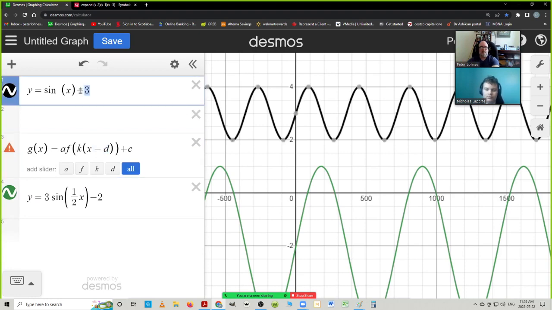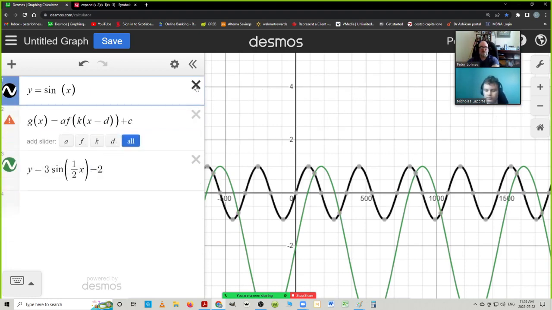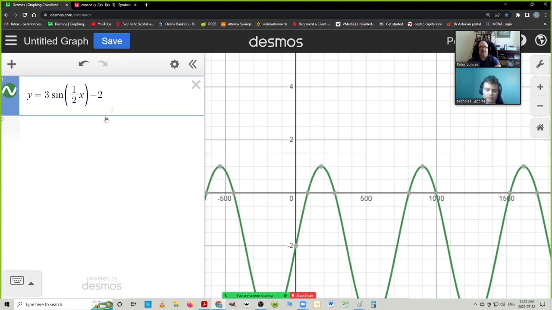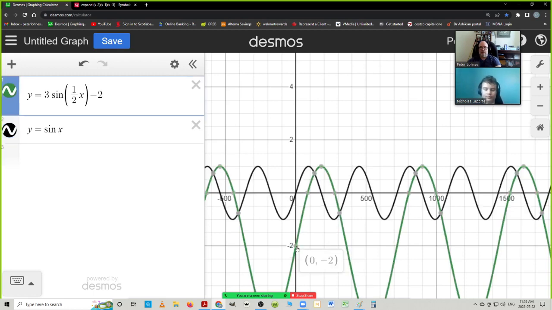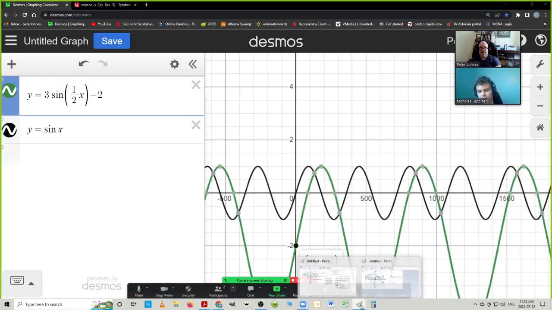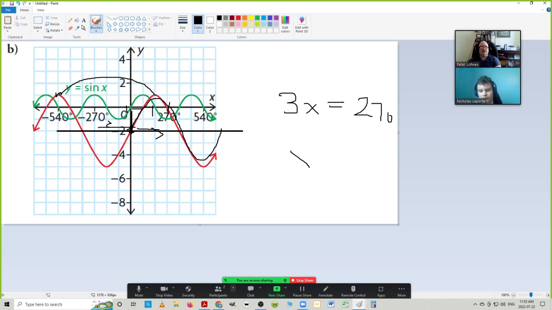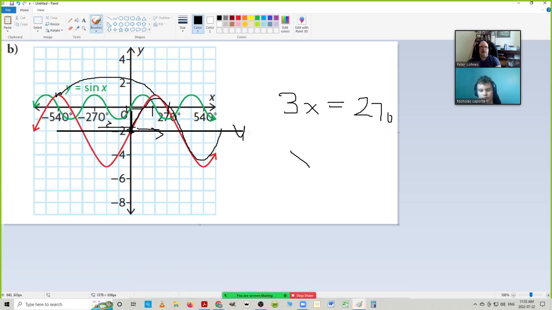So we're just going to focus on the green graph compared to a normal sine graph. All right, so there's the normal one. So let's go look at our graph and see what this point is. What is this point right here? If this axis is -2, what is this point right here?